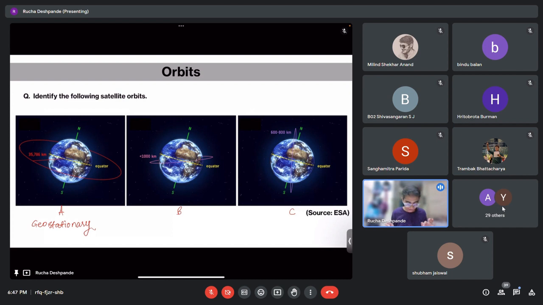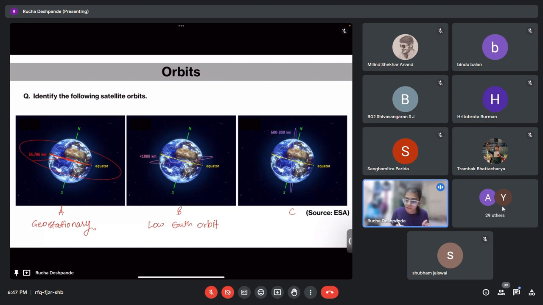Okay, what is the second one? Ma'am, is this geosynchronous? No, this is a low Earth orbit. In the first case, the satellite has to stay all the time over the equator.